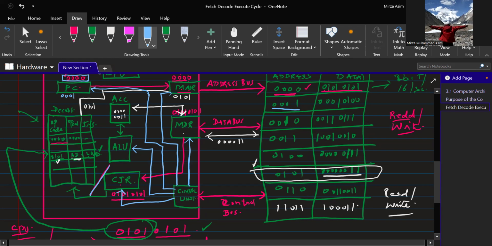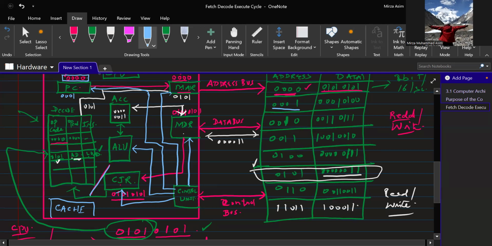So let me tell you another thing. There is another component inside the CPU that is called cache, that is cache, right? That is the place, the memory, where the CPU fetches the data. Frequently accessed data is placed over here.